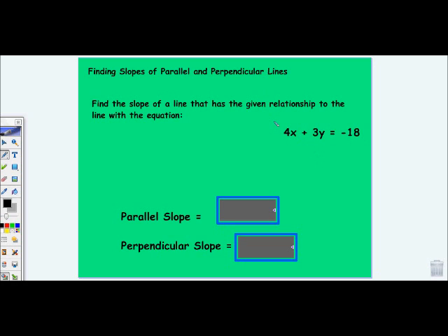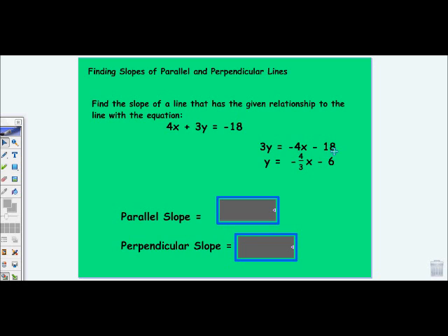Now, to do anything with this, I need to first put it in y-intercept form. Get the y on the left side of the equal sign. To do that, I subtracted 4x from both sides. It canceled it out here, and it changed it to a negative 4x on this side of the equal sign.